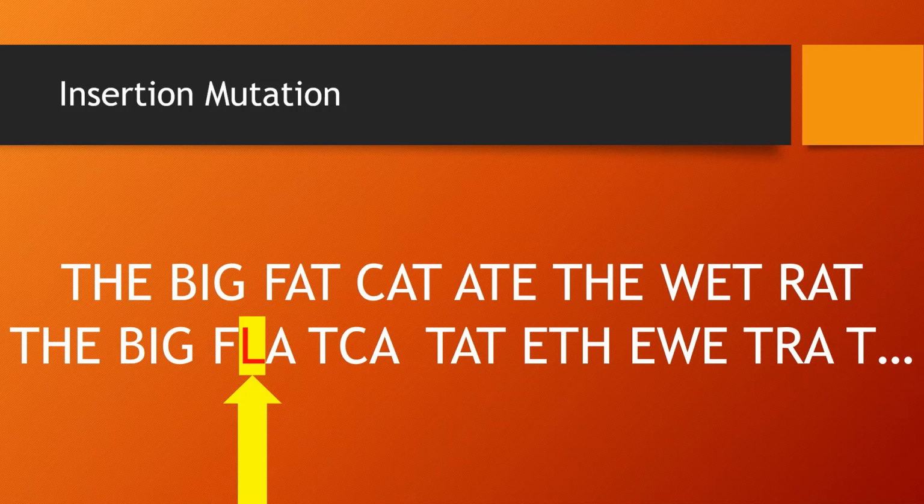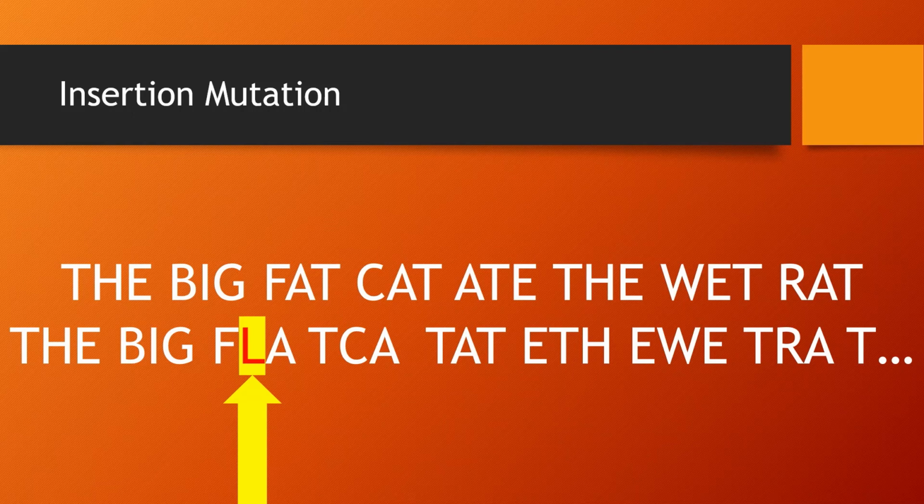With an insertion mutation, the reason it's called a frameshift is because it shifts that frame of three over one way or another. In this case, it's shifting it over towards the right. Odds are it's going to make a protein way longer than it should be.